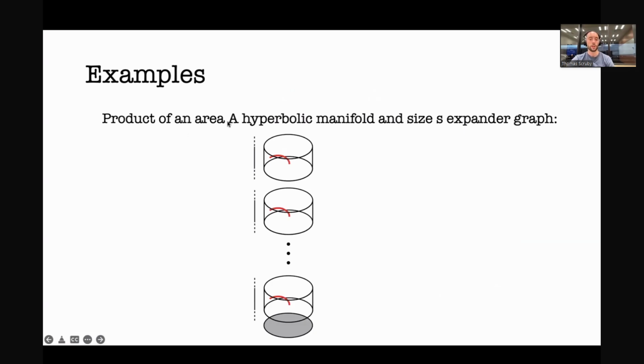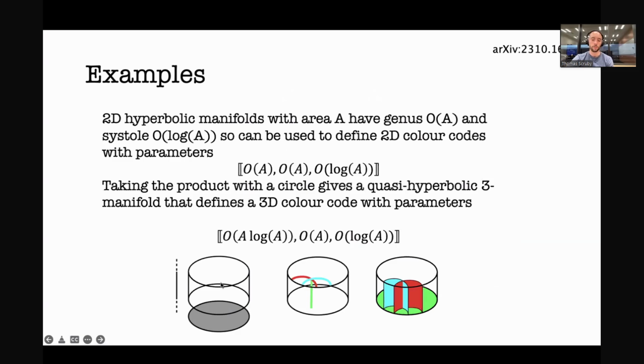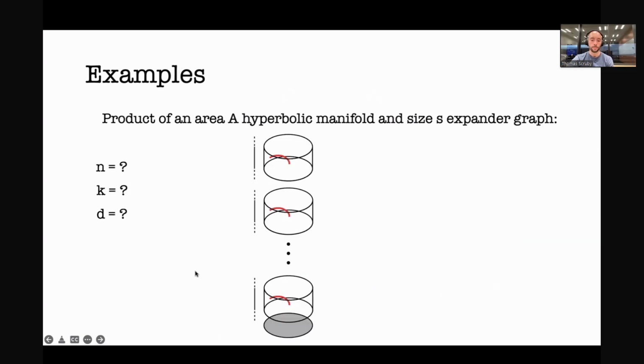So we're going to instead take the product of a hyperbolic manifold that has area A with an expander graph that has size S. And because it has size S, it's going to have order S independent cycles. So we decompose the expander graph into these cycles, and then you take the product with the hyperbolic manifold, and then you'll get many copies of this code that we had here, right? You're going to get order S copies of the code.